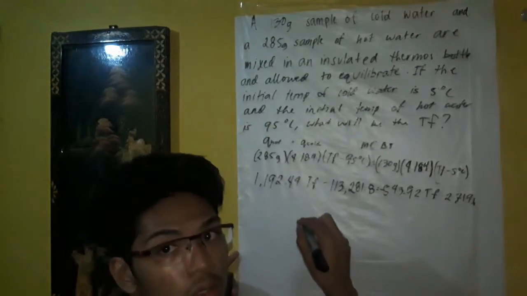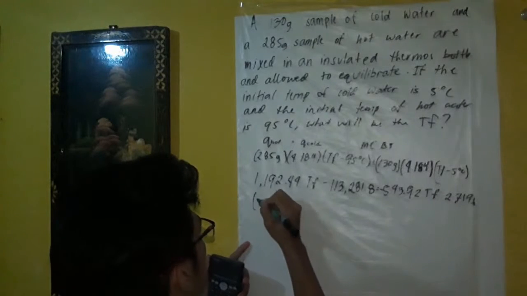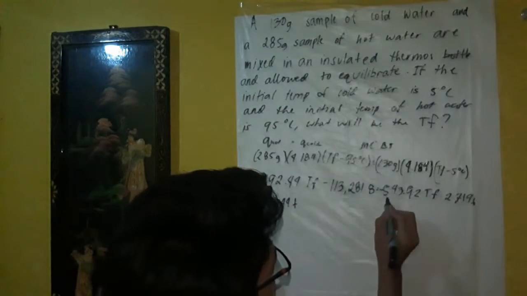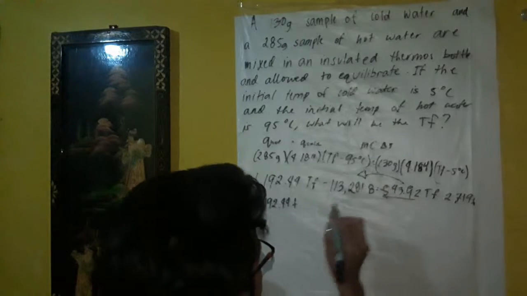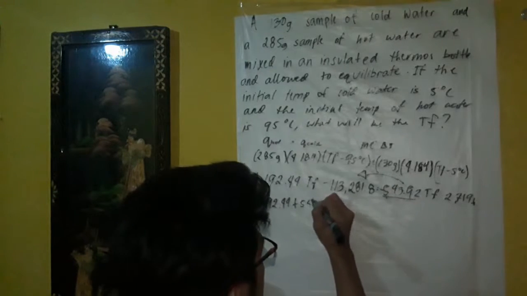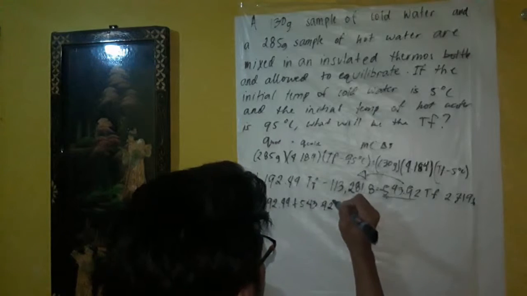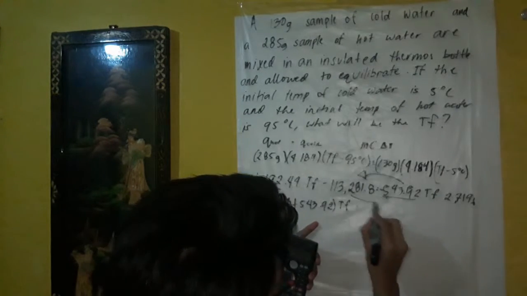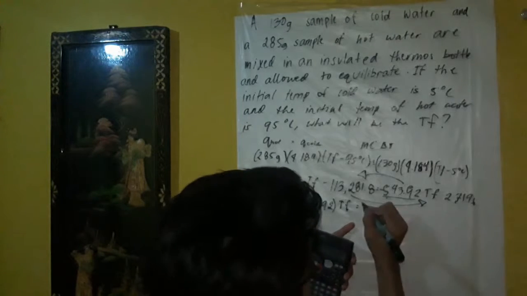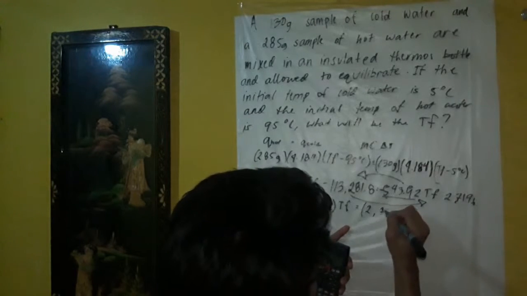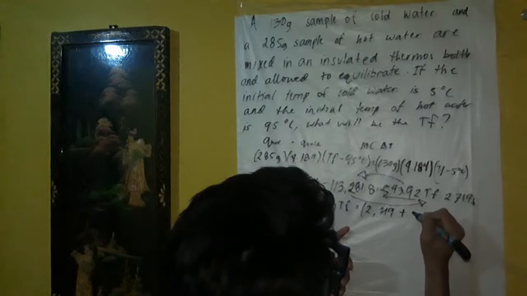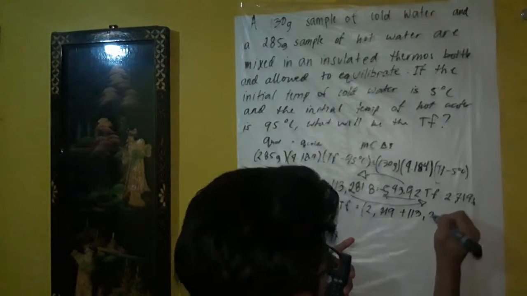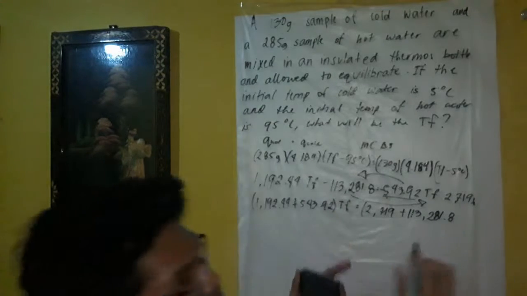So 1,192.44 TF plus this, which we transfer here so it becomes positive, 543.92 TF is equal to, and this will be transferred here, 2,719.6, plus, since it's negative, it became positive, 113,281.8.